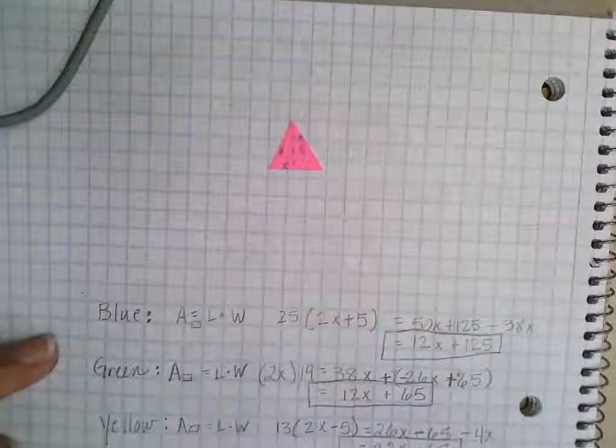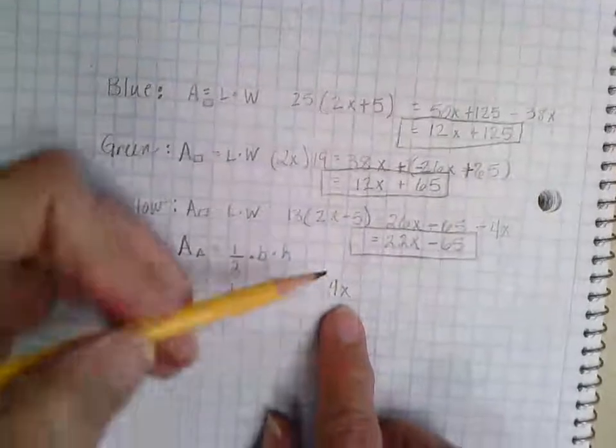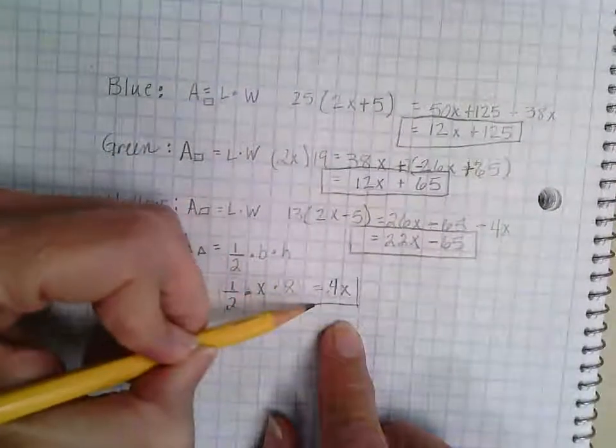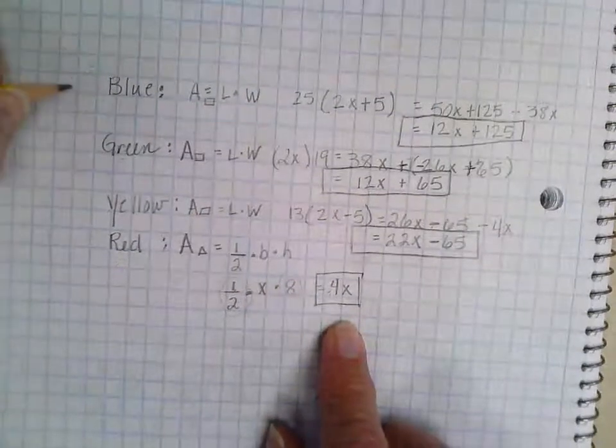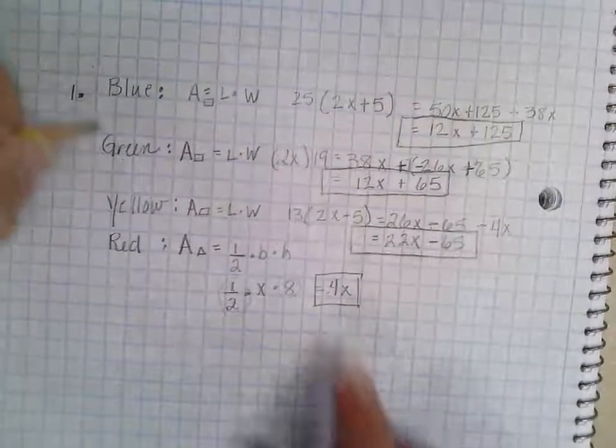And then for my triangle, I don't have anything left to subtract out. So the area for my triangle is simply 4x. So those are the answers to number 1.